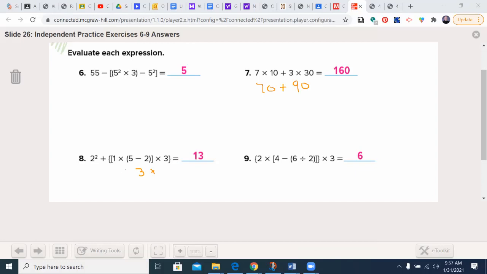The bracket here is actually 1 times 3, which stays at 3. Then we go out to the brace, 3 times 3, which is 9. Over here, I have 2 squared, which is 4. 4 plus 9 is 13. So for all that writing, remember you go, here's part 1, here is part 2, and then here is part 3.